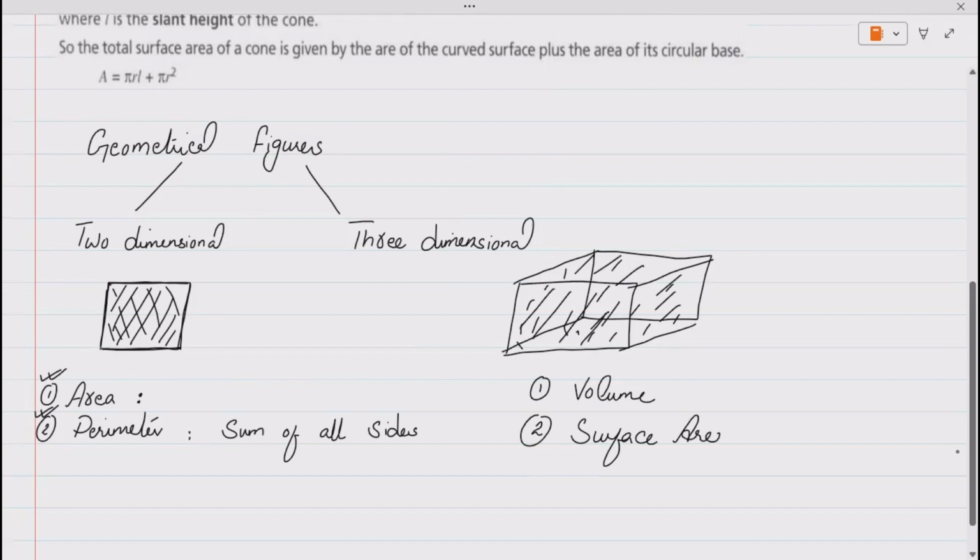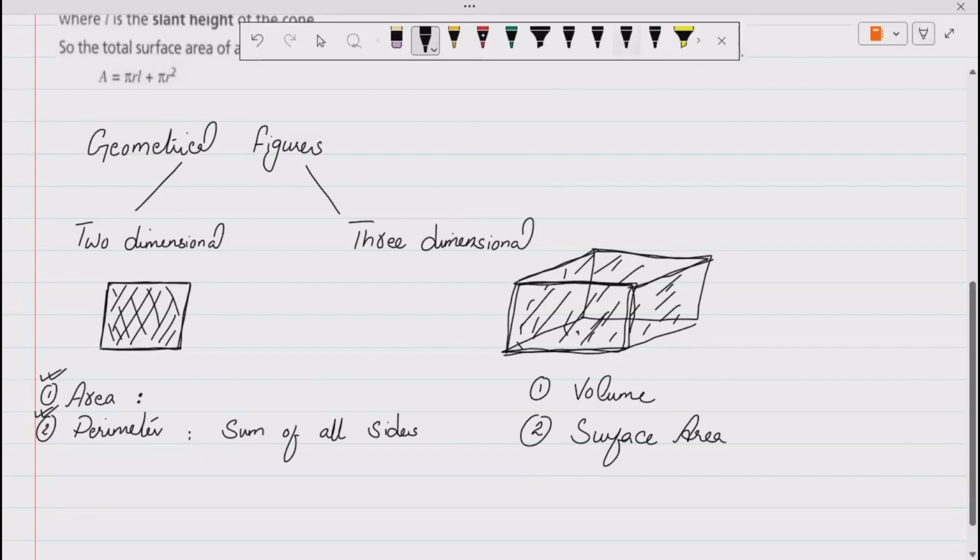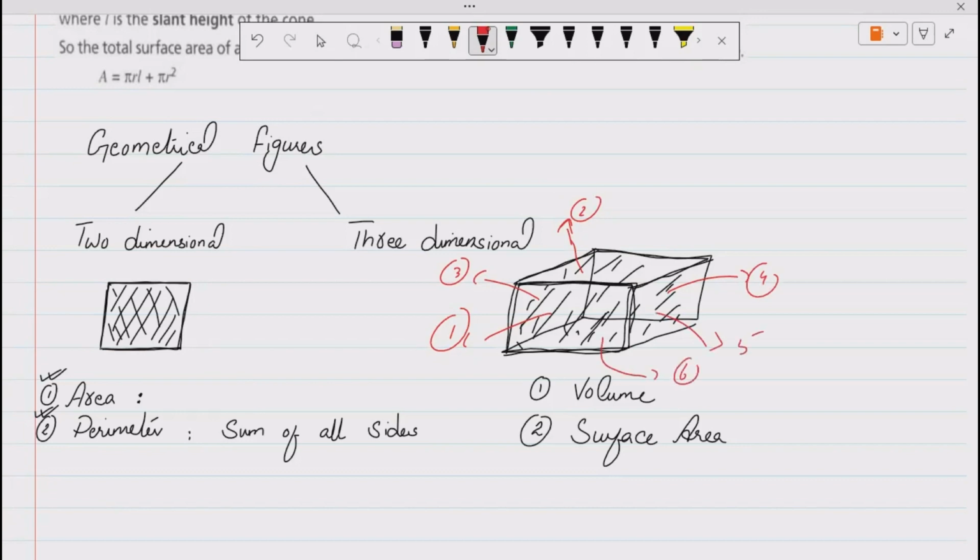So what is surface area? You can see that this is a square, right? And this cube has exactly 6 squares. This one is first, this one is second, that one is third, the one behind is fourth, this one is fifth, and the lower one is sixth. So what is the surface area?